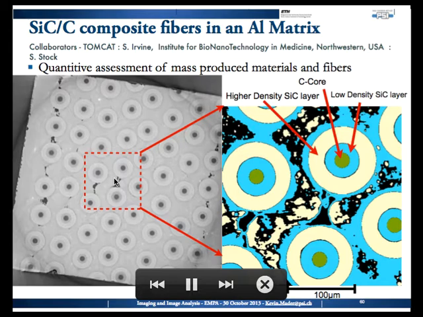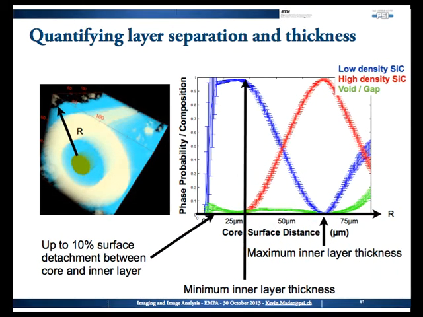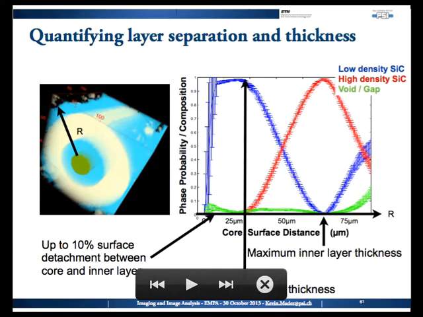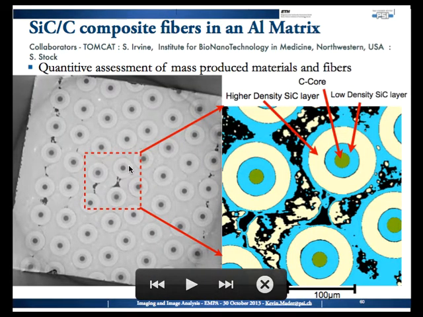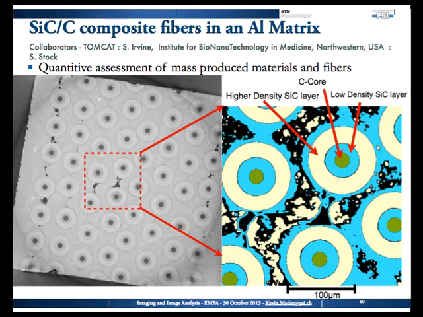Say you're looking at a bunch of fibers in a system, so that you have 3 different phases here. You have this core in the middle, the first shell around the fiber as this layer, and then the second shell around the fiber as that layer. So you have this green, blue, and white.